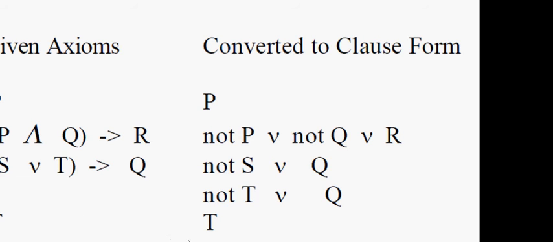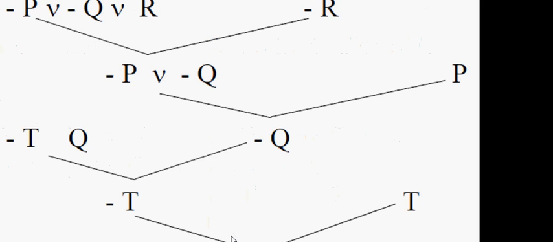Now T, we need not convert into clause form. So at the end we have these statements here: P, negation P or negation Q or R, negation S or Q, negation T or Q, and T.